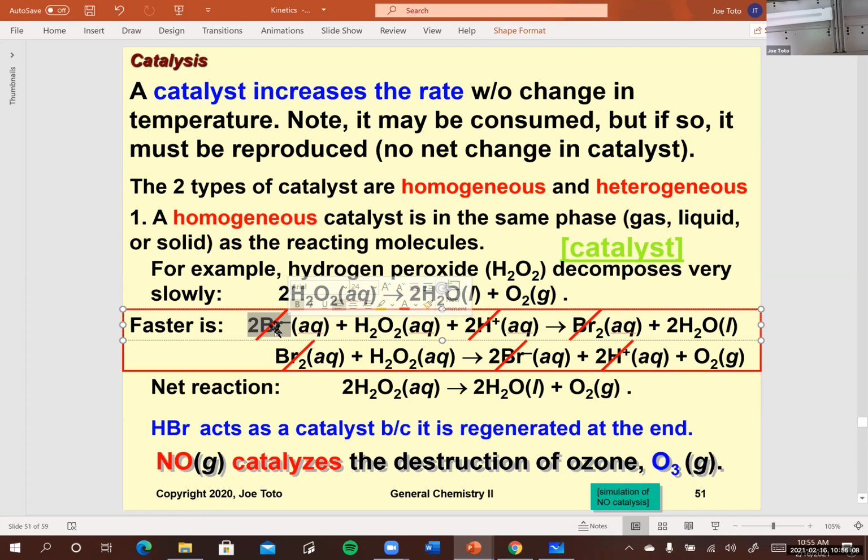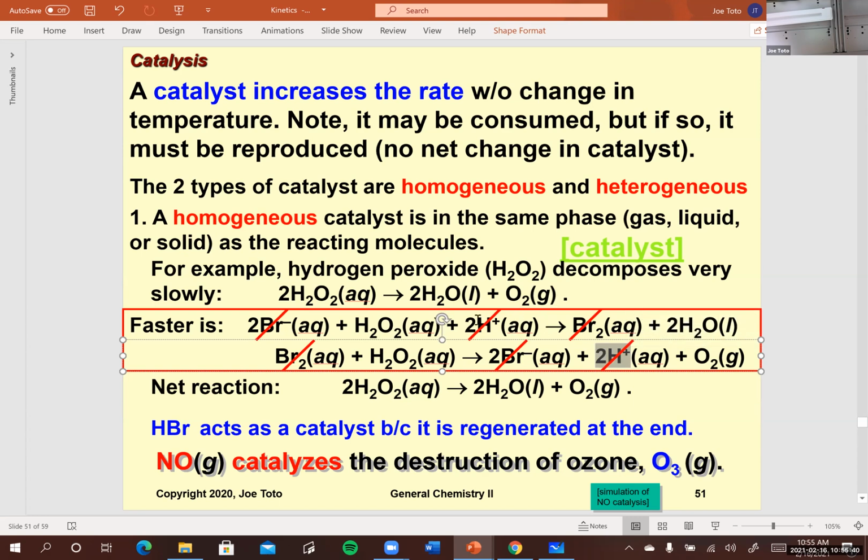This catalyst is used up, but then it's produced later on. So that's different from an intermediate. Okay. I have hydrogen peroxide in this mechanism as a reactant. This guy over here is a catalyst, H+, because it's consumed and down here it's produced.